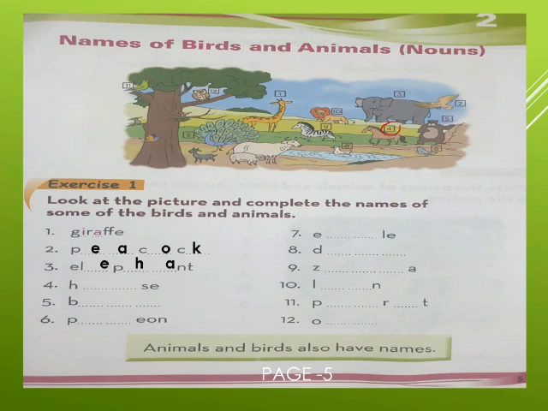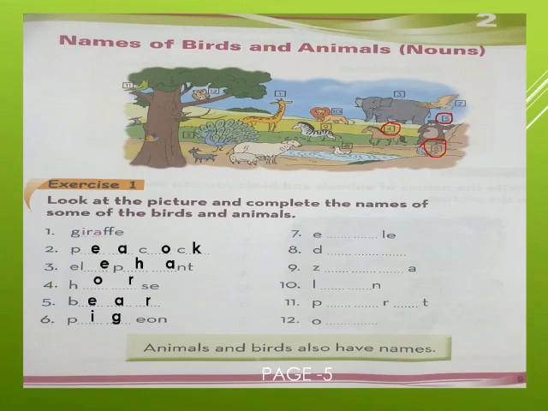The fourth picture is of a horse. The missing letters are H-O-R-S-E, horse. The fifth is, can you identify, children? It is a bear. B-E-A-R, bear. The sixth is a beautiful pigeon. P-I-G-E-O-N, pigeon.